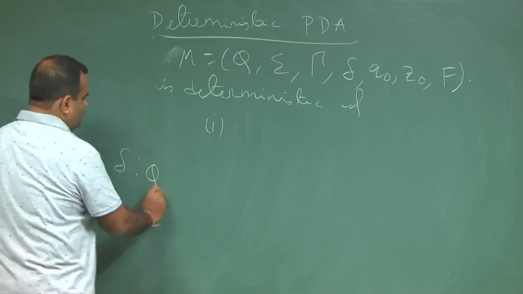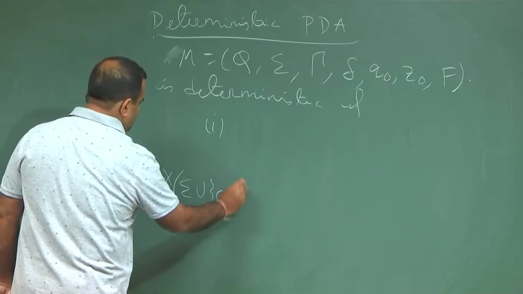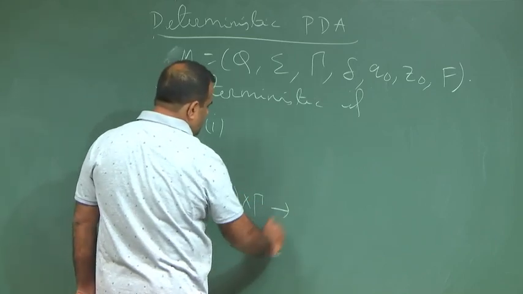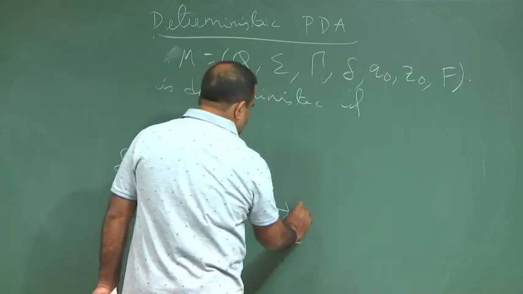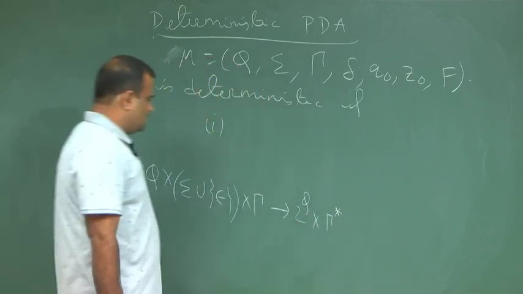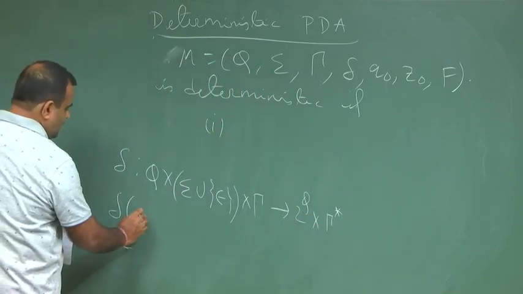So, delta is a function from Q cross sigma, we can take epsilon also, and gamma, and this is going to the power set 2 to the power of Q cross gamma star.